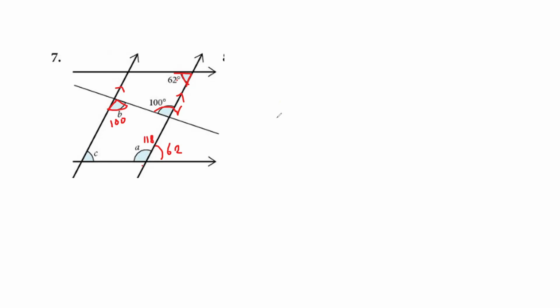So that's how we have to find it. And then C is the corresponding angle to this, so this is 62. So A is 118, B is 100, and C is 62 degrees.